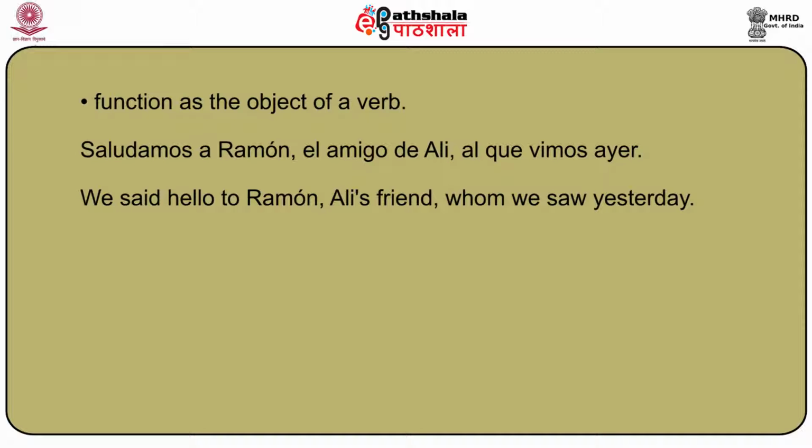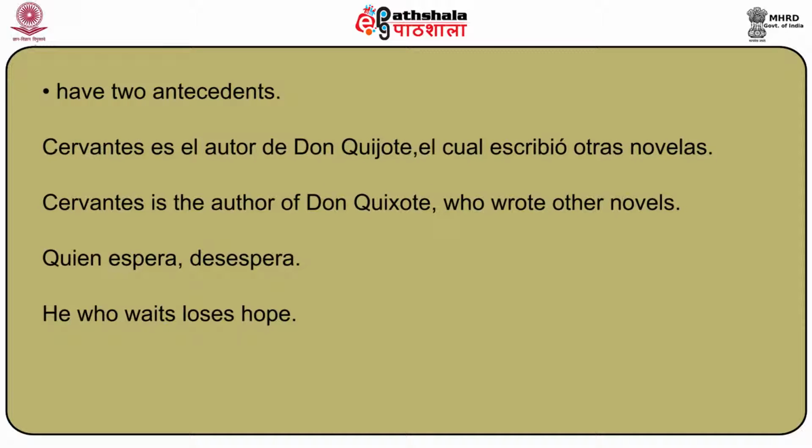We can also use them where you have two antecedents. In this usage, these forms refer to the person physically further away from the pronoun in the sentence. So, when you are referring to a person physically further away from the pronoun in the sentence, then we use these forms.